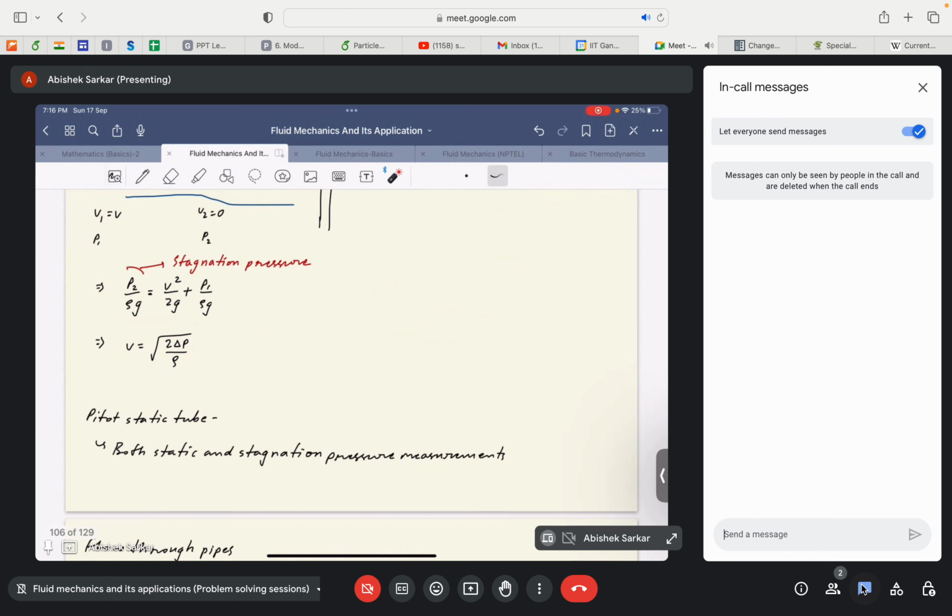So this pressure difference, if it is measured, can be used to determine the velocity of the flow field. Okay, so that's the sole purpose of the use of the pitot tube.